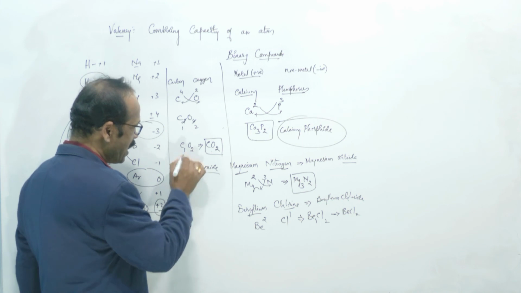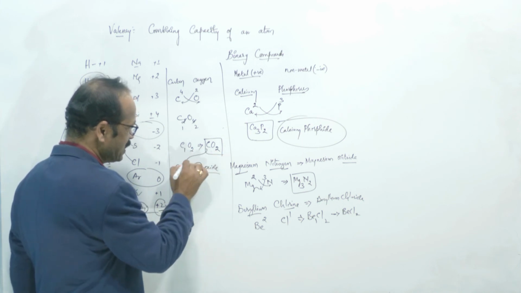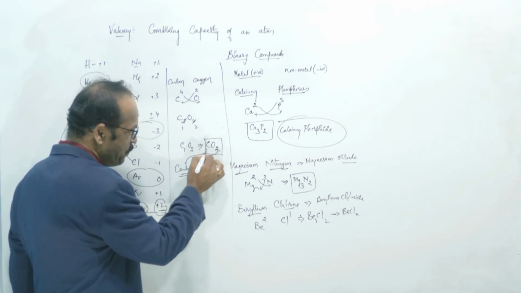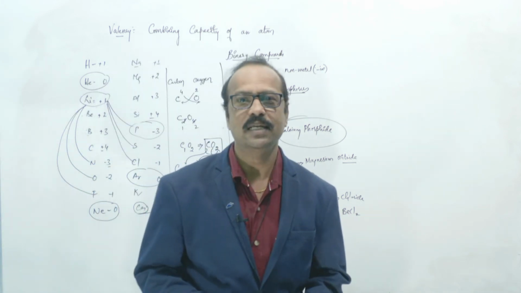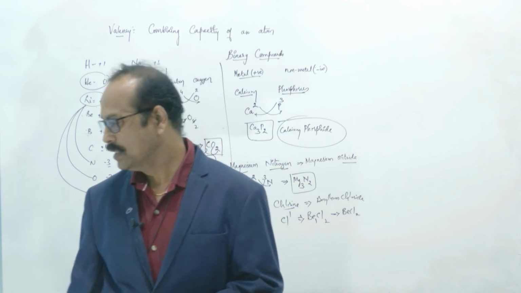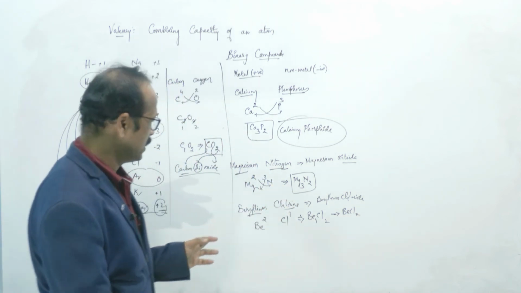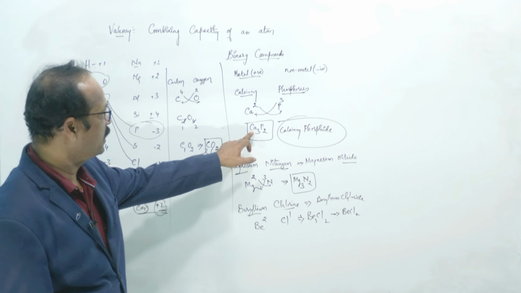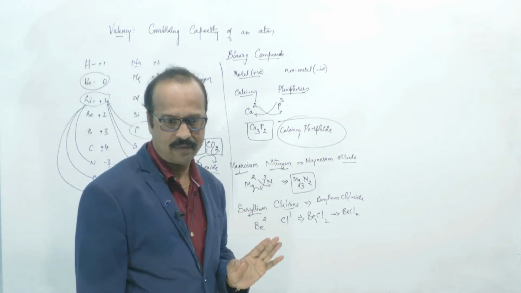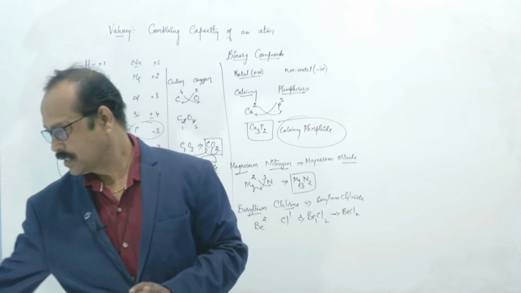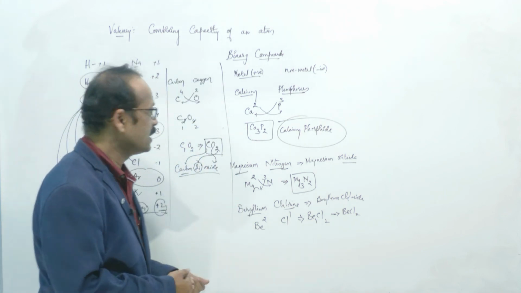So C for carbon, and this 2 represents di, and this oxide represents O. So carbon dioxide is CO2, right? But here you can't write like this. Here you can't write something like calcium diphosphide. Okay? This in detail we will discuss in the next class.